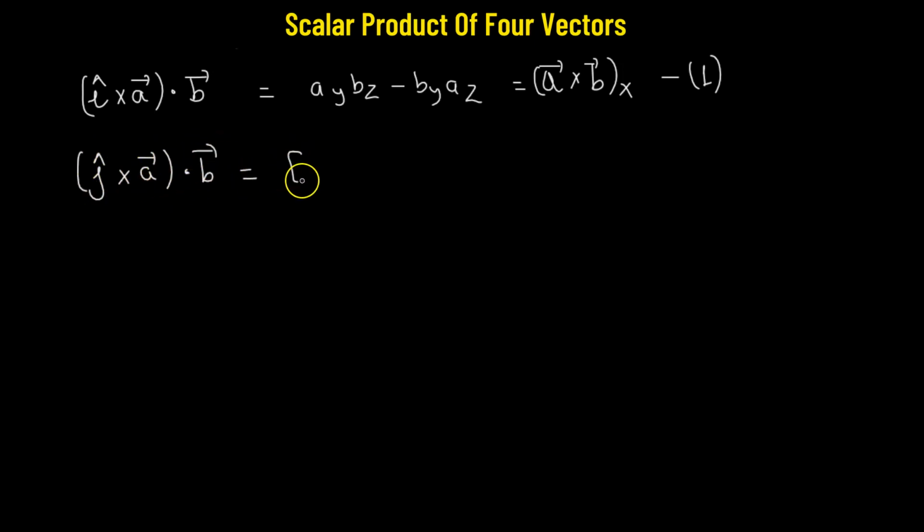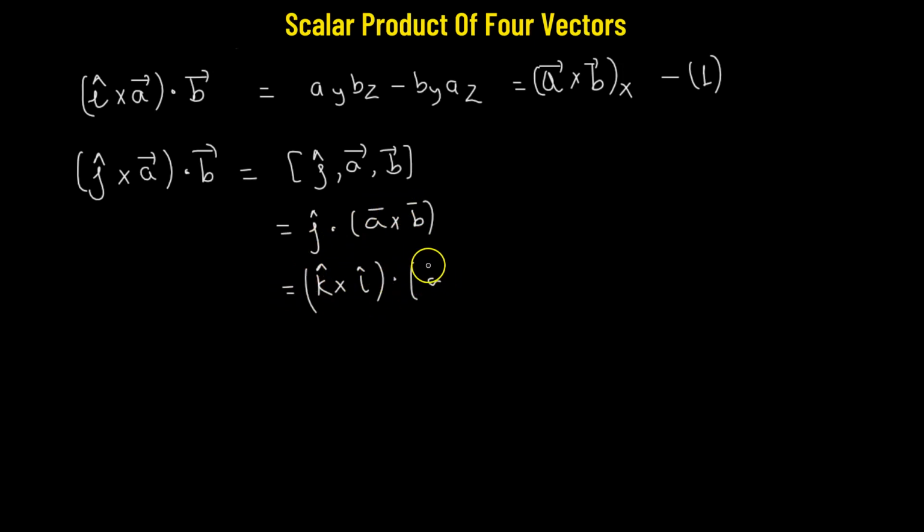This is the same as the scalar triple product between J cap, A vector, B vector, which is the same as J cap dotted with A cross B. J vector is simply K cap cross I cap dotted with A cross B. If we use the scalar product of four vectors, then this will be K vector dotted with A vector, K vector dotted with B vector, I vector dotted with A vector and I cap dotted with B vector.